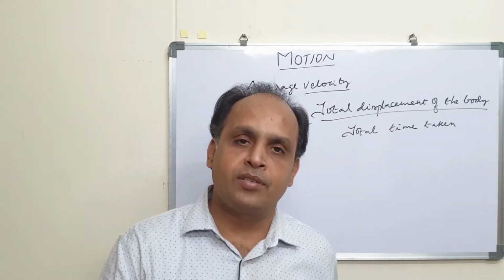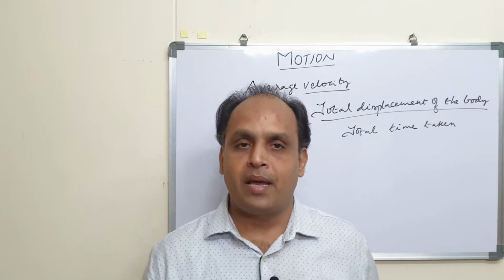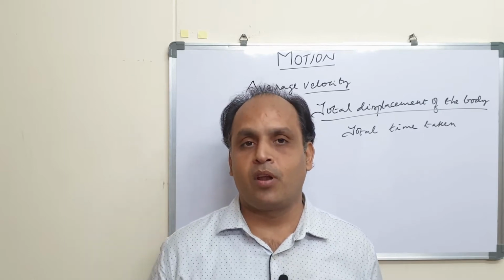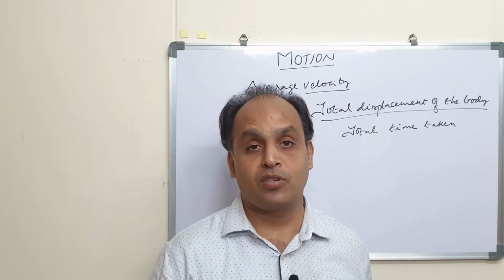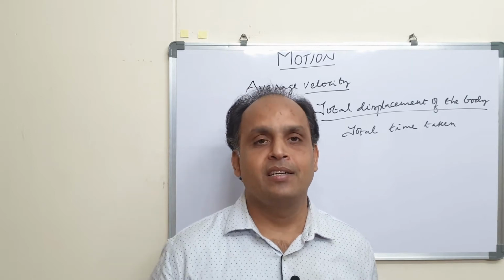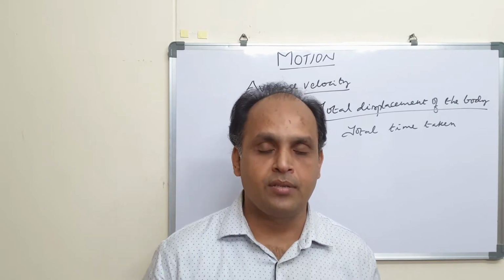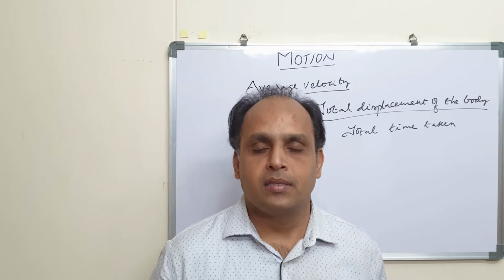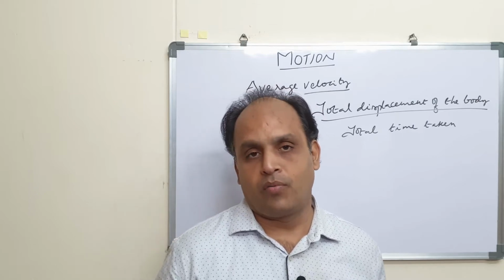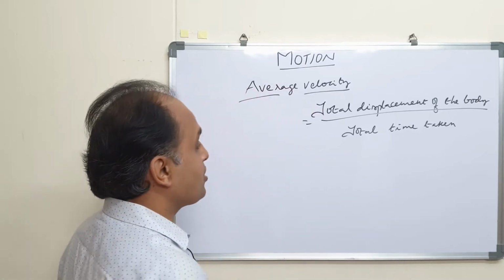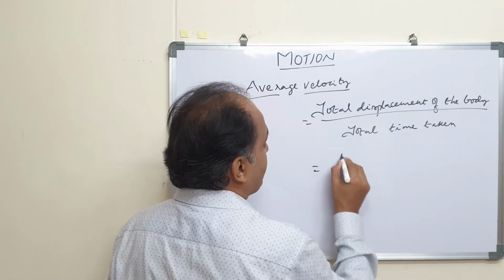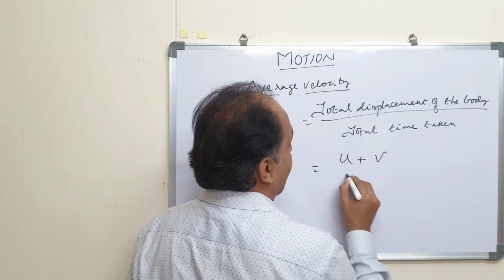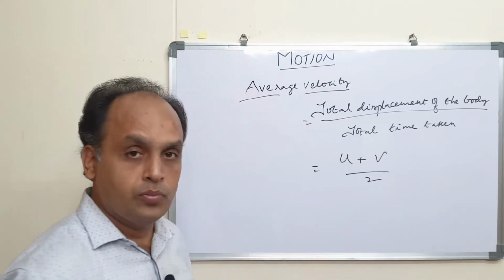And in the previous class, when we were comparing speed and velocity, we came across average velocity there, and we discussed that it is the sum of all the velocities divided by the total number of velocities. So average velocity can also be written as (initial velocity plus final velocity) by 2.